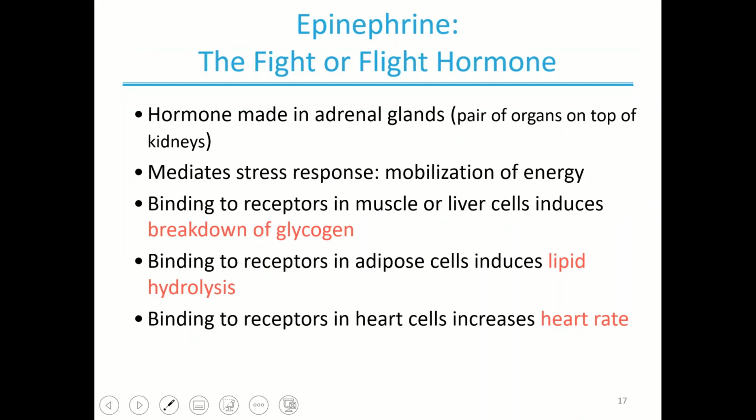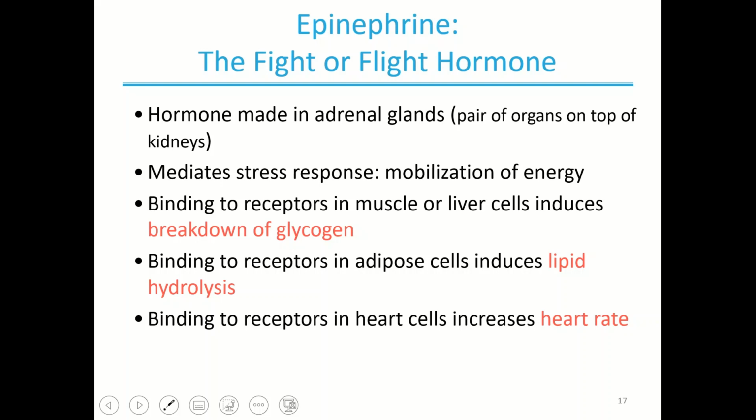So epinephrine, also known as adrenaline, is a hormone made in the adrenal glands. Okay, and those are organs on top of the kidneys. What epinephrine does is it mediates a stress response, and you've probably heard of the flight or fight response.